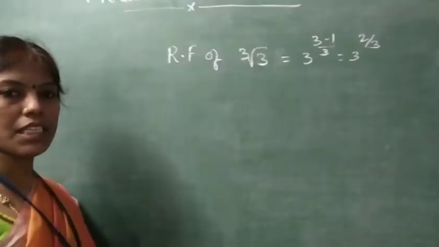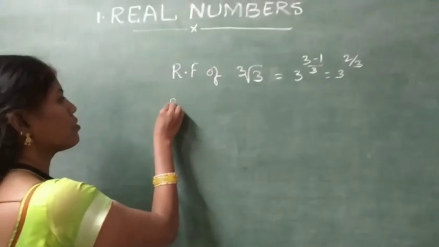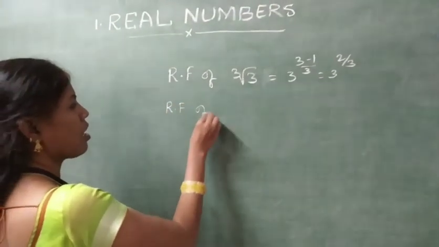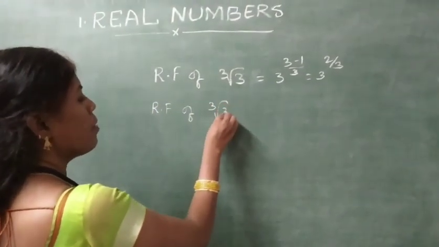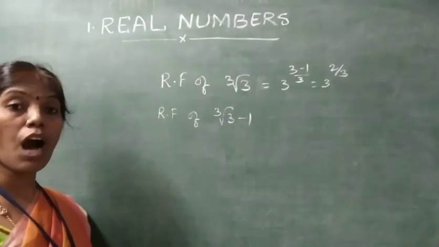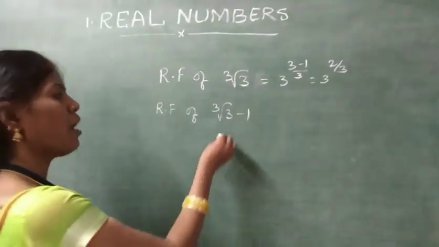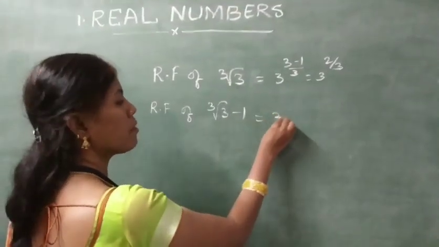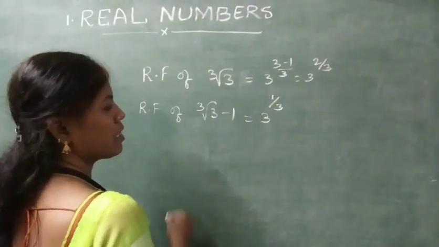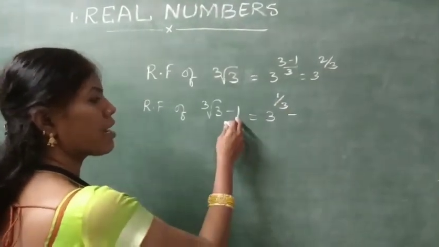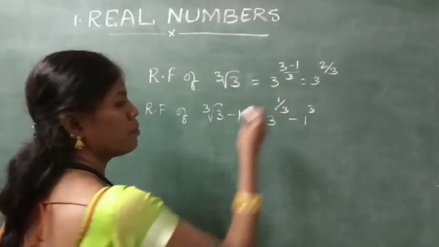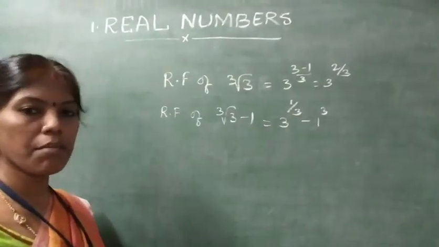So that is the rationalizing factor. Now if you take the rationalizing factor of cube root 3 minus 1, how? If you observe, cube root 3 is nothing but 3 to the power of 1 by 3, minus, I will write this one also, 1 cube. Can I write? 1 cube is nothing but 1.